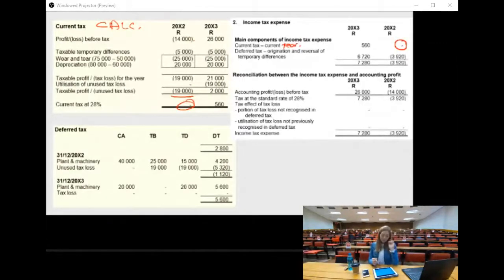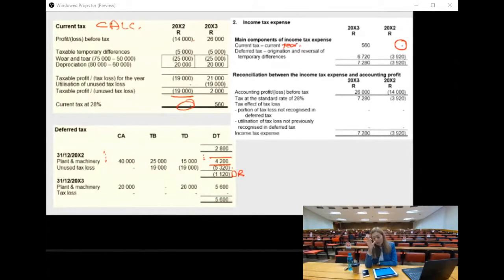However, now at the end of X2, we put in all our assets and liabilities, and we calculate a subtotal, and we see that our subtotal over here is a deferred tax liability of 4,200 Rand. Now we put in our tax loss, and if we recognize the full tax loss, we are going to end up with a net debit balance on our deferred tax account.